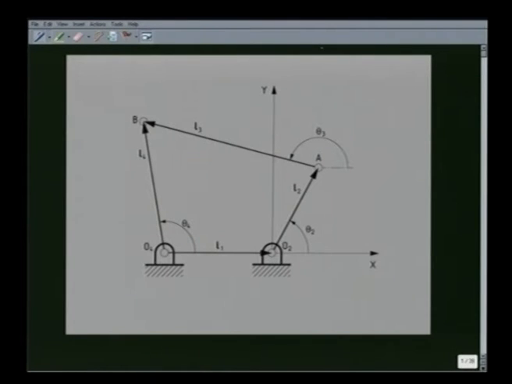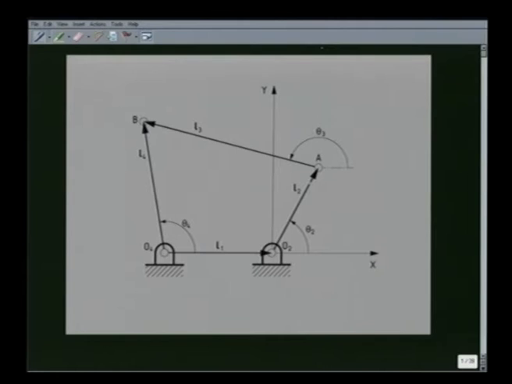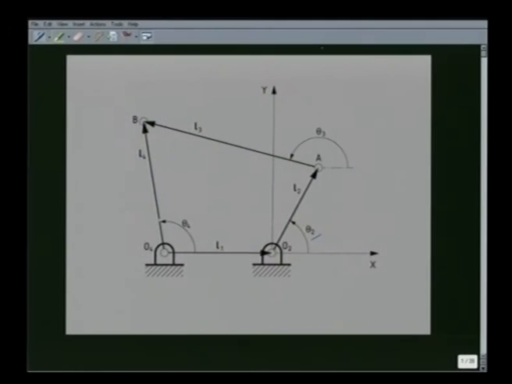The problem is, suppose these 4 link lengths are prescribed and the orientation of one of the links, say the input link O2A, is given by this angle theta 2. Our objective is to determine the orientation of the coupler and the fourth link, that is O4B.